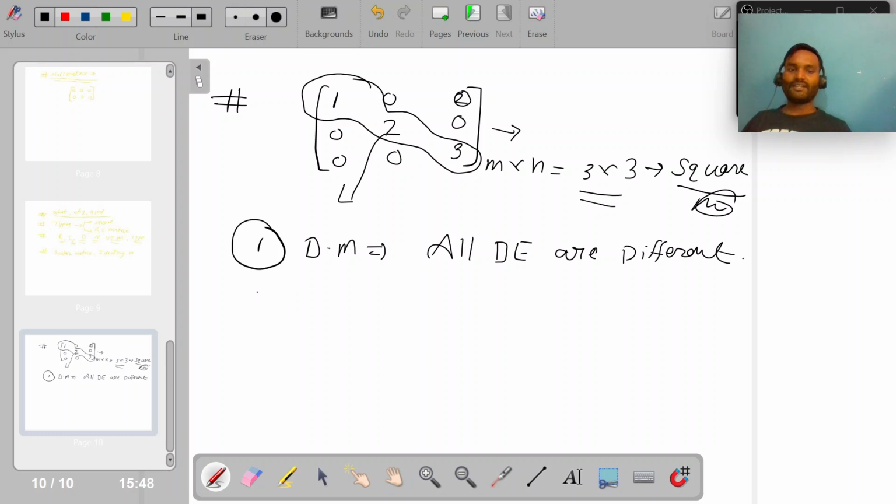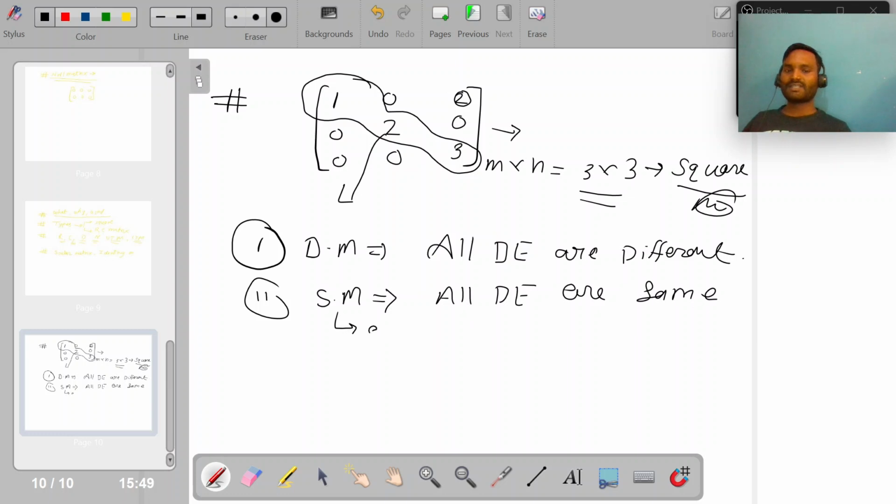Number two, if all diagonal elements are the same, this is known as the scalar matrix.